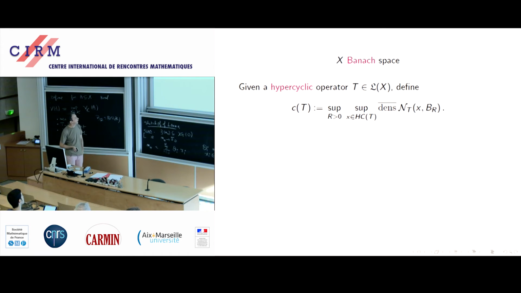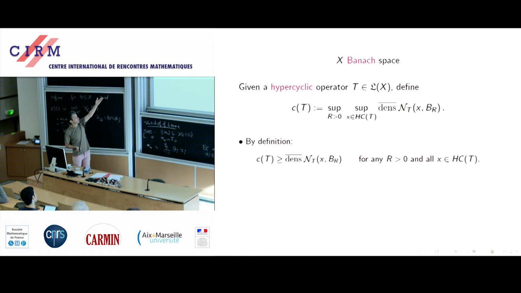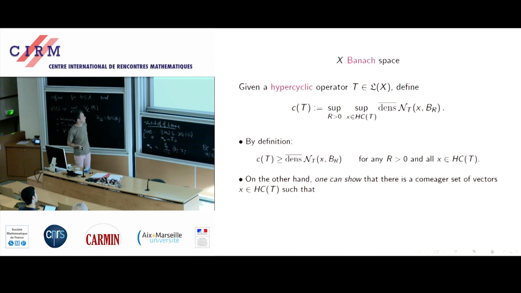Why not? And so what can you say of this C of T? Obviously, this C of T is greater than any upper density of any set of this kind. But on the other hand, what you can prove is that the radii are in fact not important. One can show that there are lots of vectors such that the upper density of N_T of any ball is equal to C of T, for in fact any ball.